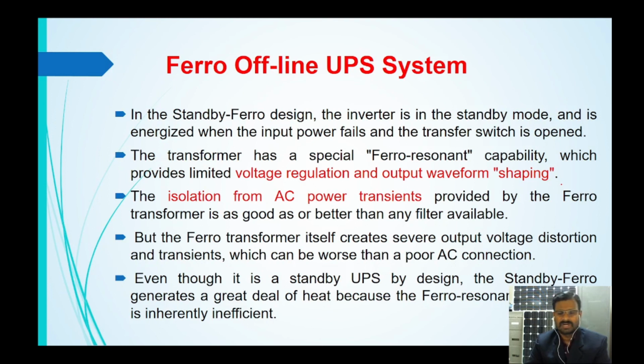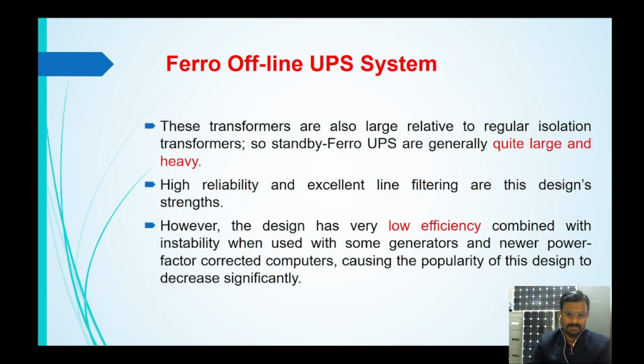But the ferro transformer itself creates severe output voltage distortion and transients, which can be worse than poor AC connections. Even though it is a standby UPS by design, the ferro standby generates a great deal of heat. Because of that, the ferro resonant transformer is inherently inefficient.